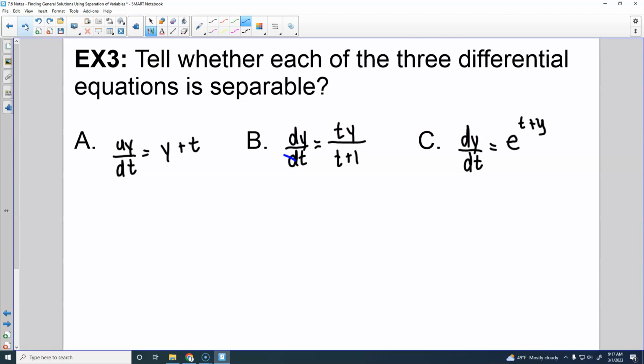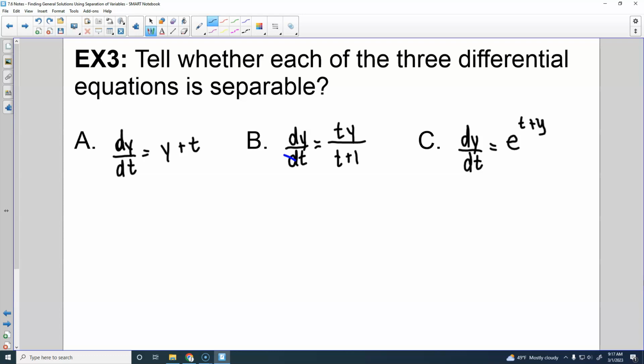All right, so one thing we need to know for this is if our equations are separable. Sometimes our equations will be separable, other times they will not.